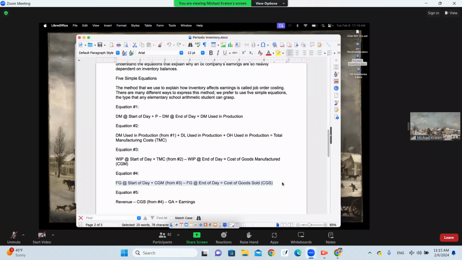That equals the cost of the goods that I expect to sell today. And that's the logic behind equation 4. So once again, deep breath. Any questions about the logic behind equation 4?